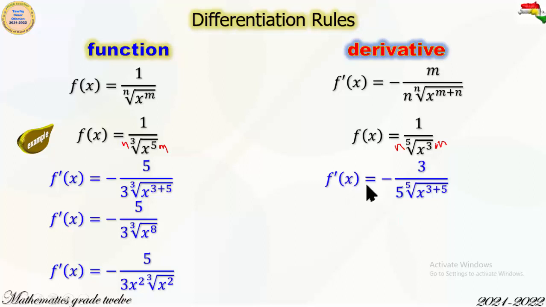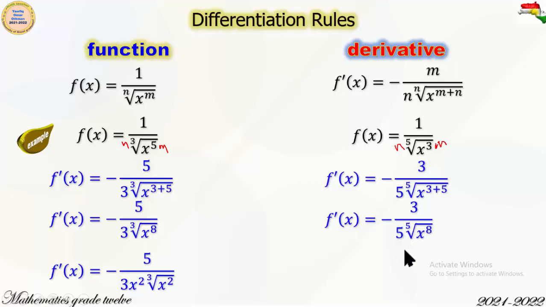Therefore, f prime of x is equal to minus m, which is 3, over n, which is 5, the fifth root of x to the power 3 plus 5. F prime of x is equal to minus 3 over 5, fifth root of x to the power 8.